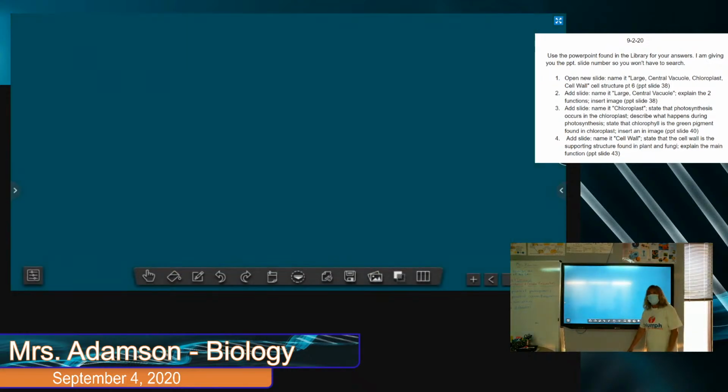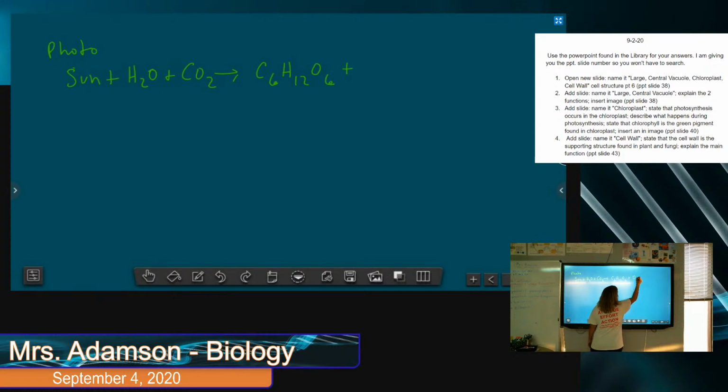The last thing we are going to do is compare and contrast. Let me write, this is photosynthesis. We've got sun plus water plus CO2 reacting to form C6H12O6 and oxygen.